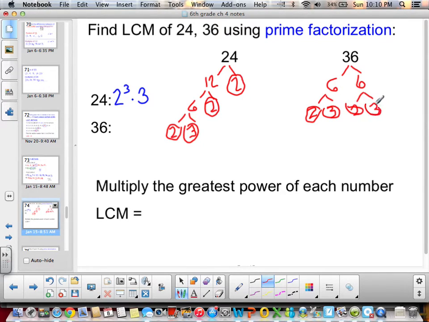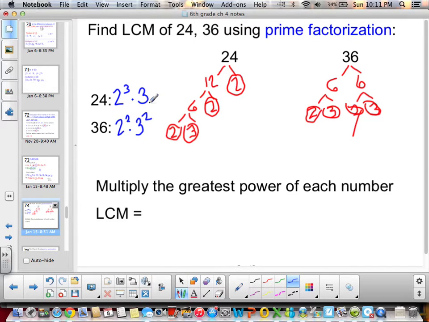So now I have 2 squared times 3 squared, because I have 2 2's and 2 3's. Here I had 3 2's and 1 3, so that's why they are written out like that.